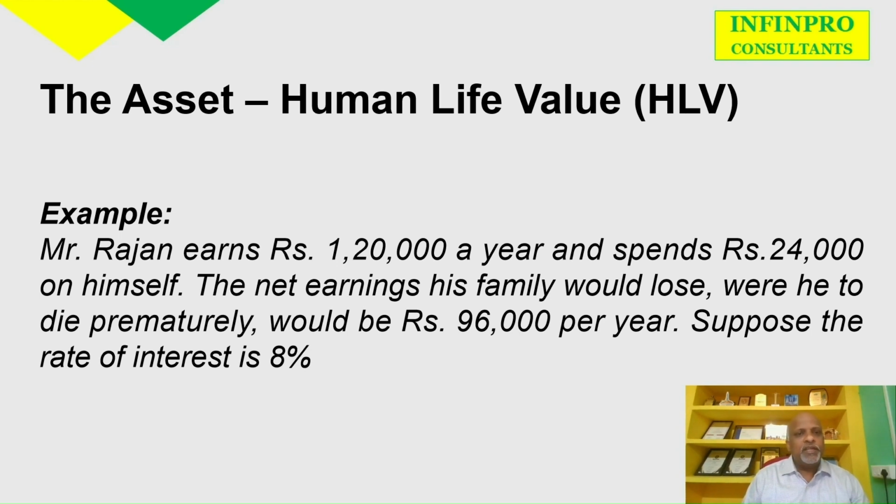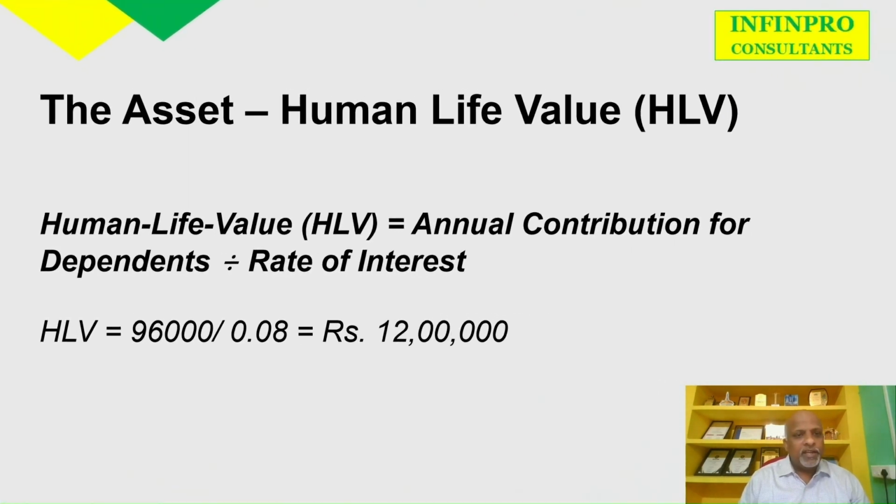If you assume that the rate of interest is 8%, how do I arrive at a human life value? Very simple. The total annual contribution by the individual to his dependents divided by the rate of interest. In our example, it is 96,000 divided by 8% interest, which is 12 lakhs. So for Mr. Rajan, the ideal sum assured, the ideal insurance value recommended will be 12 lakhs.